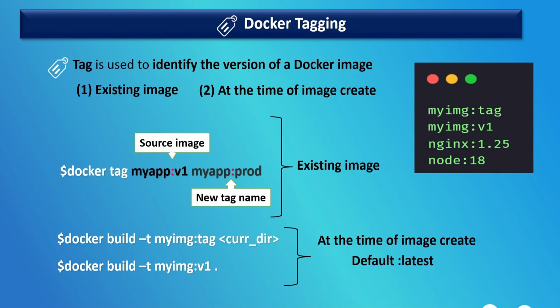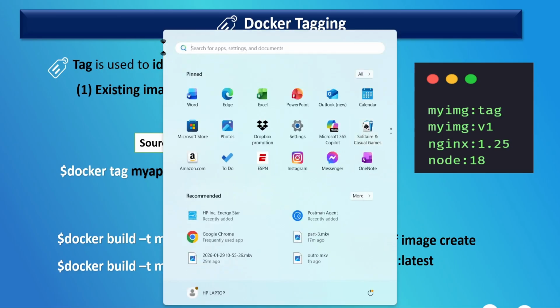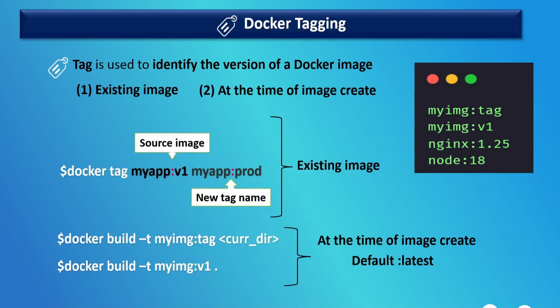Let me show it again. Here is the command: docker build -t my image name, and you can give the tag. Then you give the location of your Docker file. We have already learned about Docker tagging. Today our main topic is to implement the Node project, not to learn tagging. So this command is used to create your Docker image, right?